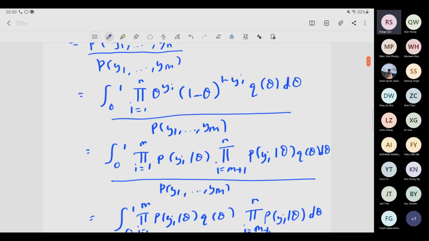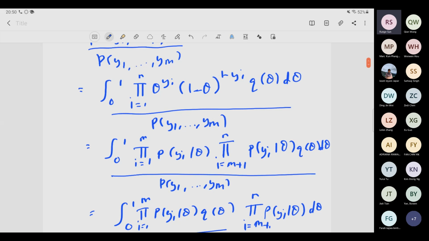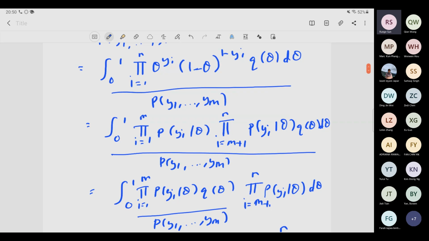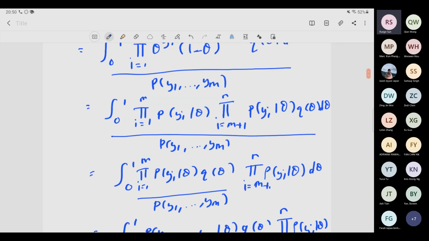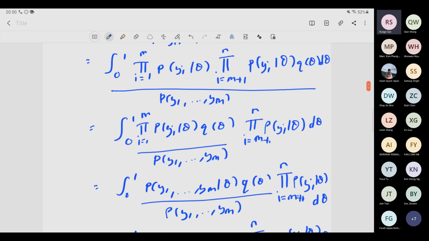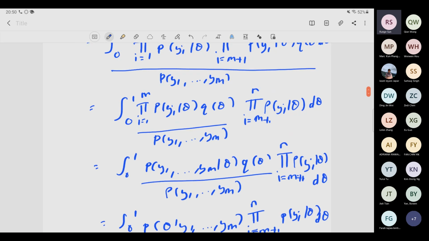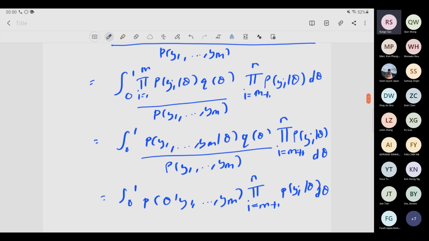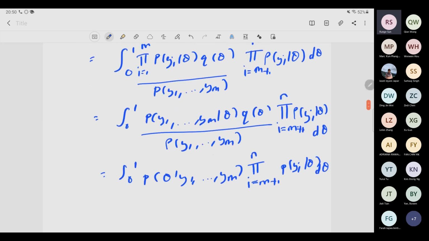Then you can divide the multiplication of your i into two parts, which is i from 1 to m, and i from m plus 1 to n. And then with some maneuvering, you move your prior in front, and this becomes the posterior of theta given y1 to ym, and then multiplied by the data.